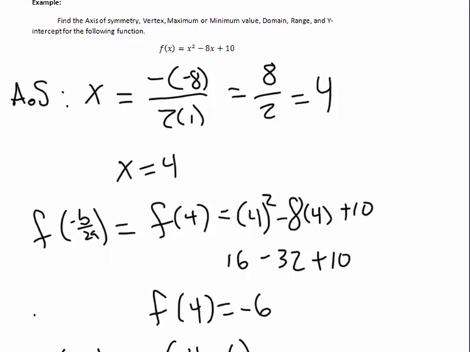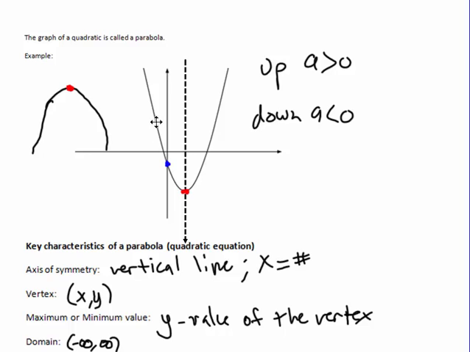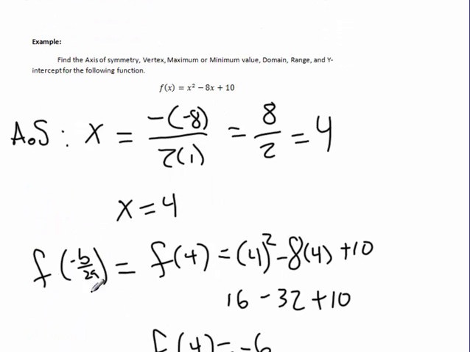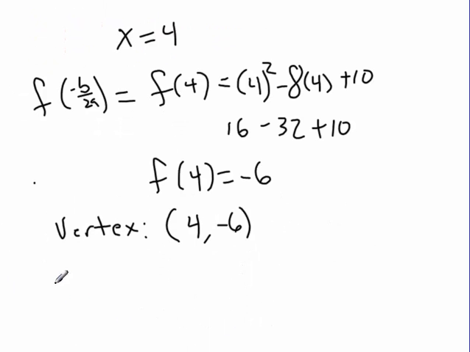Now, I want to know if it's a max or a min. Again, this one's opening up, so I'm going to have a minimum value, and my minimum is negative 6. It's just the y value that I get from my vertex.